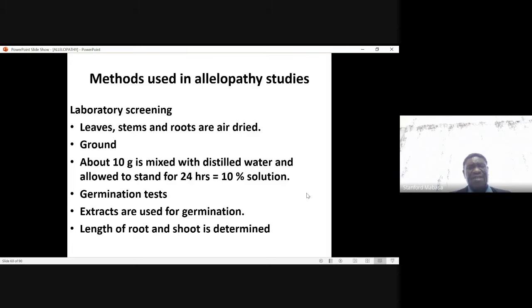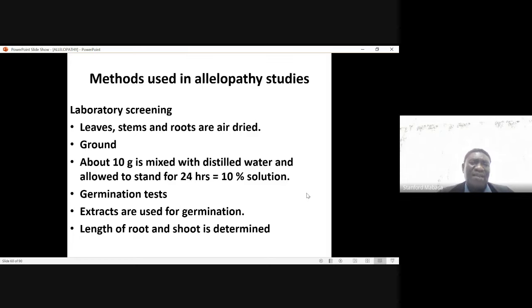You can, for example, get 10 grams of the plant parts, put it in distilled water, allow it to stand for 24 hours. Maybe you use 1 liter of water for this. Then by the end of 24 hours, you'll have extracted the allelochemicals. This could be, for argument's sake, a 10% solution.